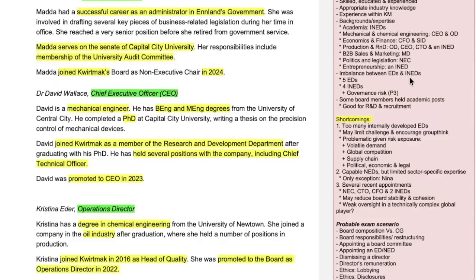Why is this the case? Because as I mentioned earlier, execs are supposed to be the agents of shareholders, but when they have too much power, they can dictate terms and ensure that they fulfill their own needs rather than fulfilling the needs of shareholders. So that's where the non-execs come into play. The non-execs are supposed to represent shareholder interests within the board.